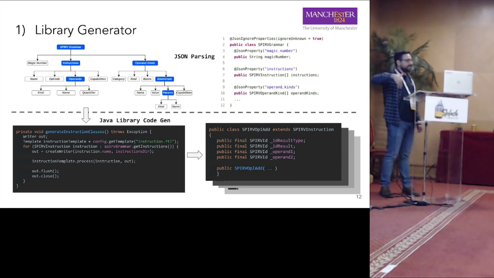Then we continue the process with the templates that we also have. You can think about the template like Java-ish, okay, Java with a lot of typical template programming. And then we fill those. We have templates for instructions, and then we have templates for operands and kinds. At the end of the process, we have the whole library ready to be consumed.